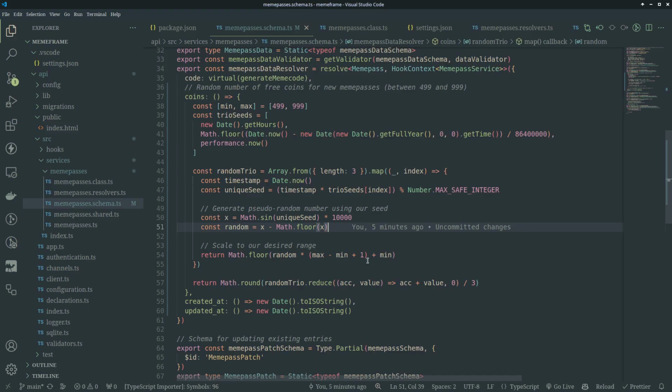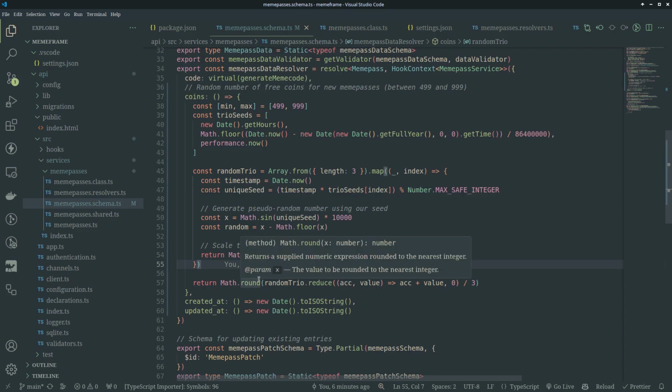We multiply this and then add it to the lowest, so it can go a bit higher than the upper bound, because we've restricted it to 501. At most it's going to go to about 1000. So yeah, we did this.